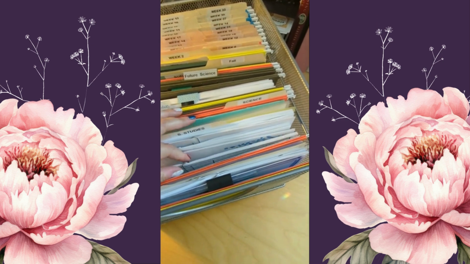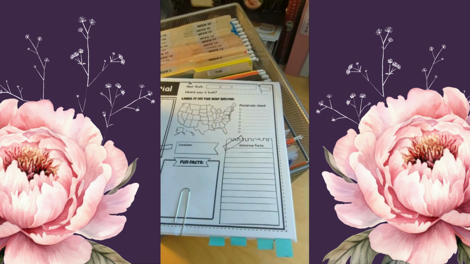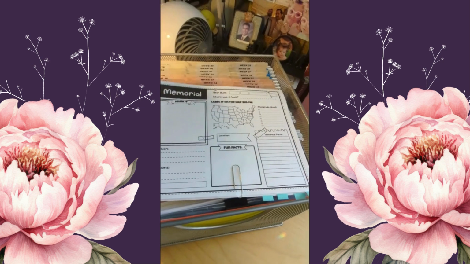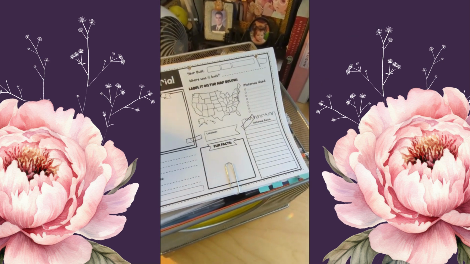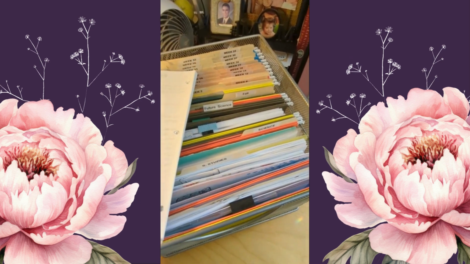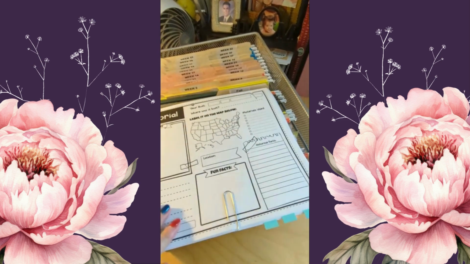Okay, so for example, we got these. Where did we get these from? I can't remember where we got these from. Homeschool of One. We got these from Homeschool of One.